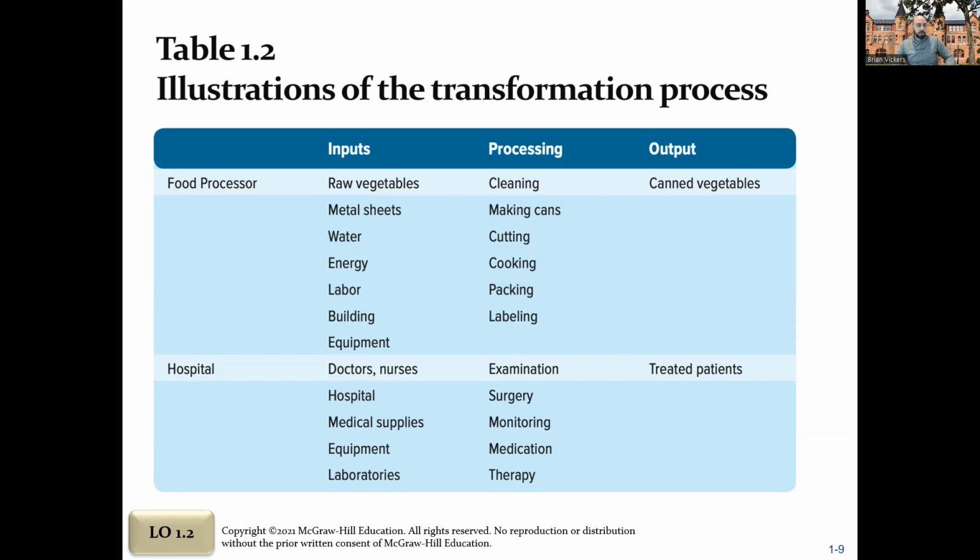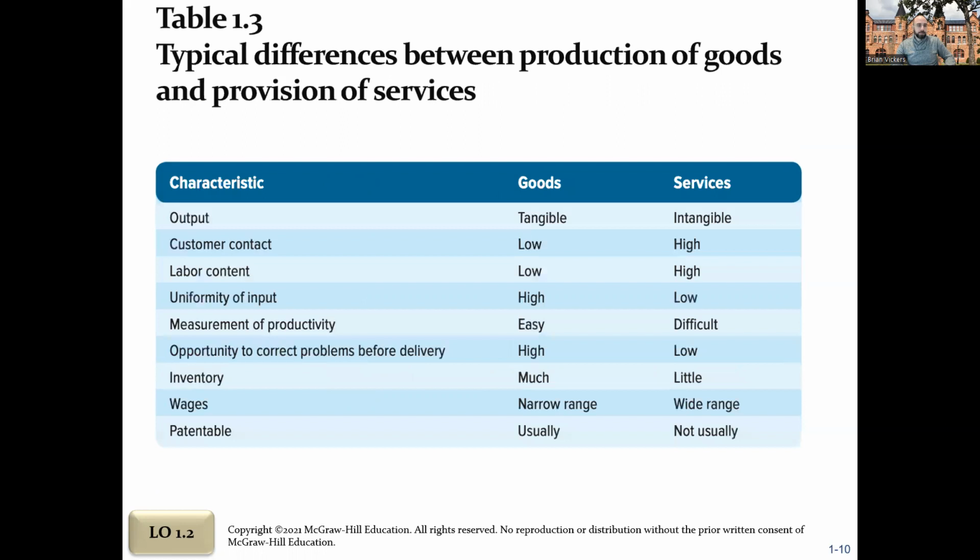Hospital, you've got a series of inputs. You've got doctors, nurses, medical supplies, labs. You examine patients, you give them medication, perform surgery, whatever the case is. At the end, your output is that you have treated patients. So a series of inputs that are transformed into outputs.